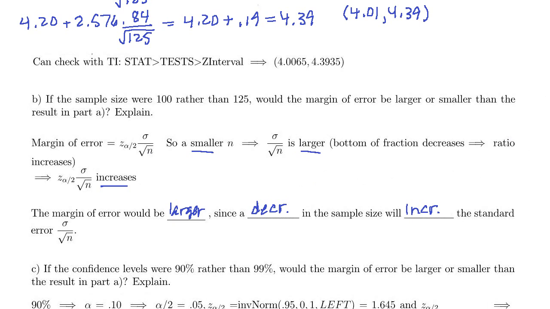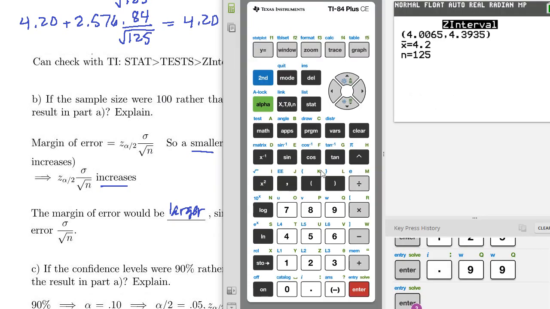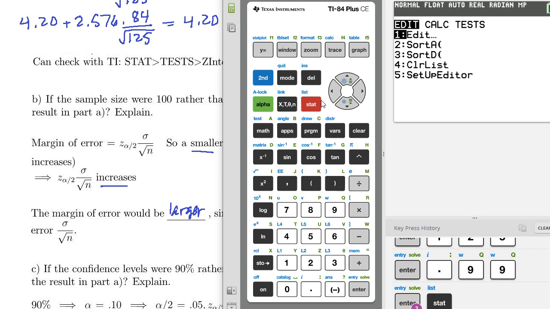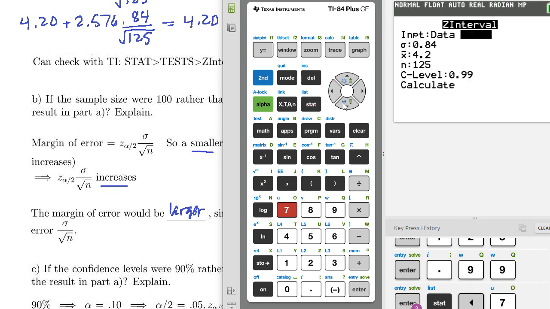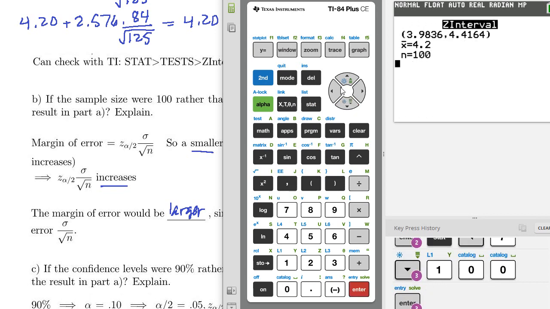Now, if that didn't make sense, you could just substitute 100 in your calculator and see if the interval gets bigger or smaller. So we could go to Stat and Tests and do ZInterval again, number 7, and just change our n down here to 100. And now our interval is 3.98 to 4.41.